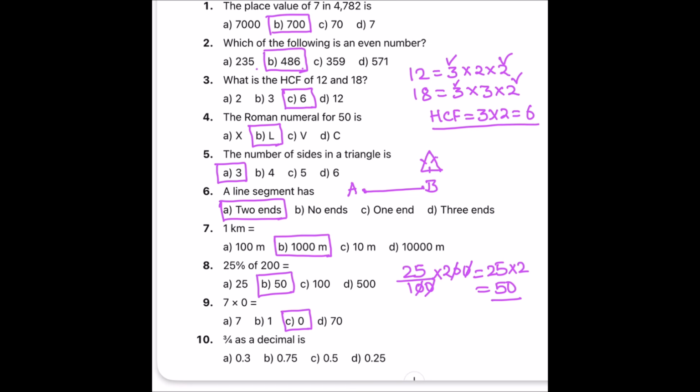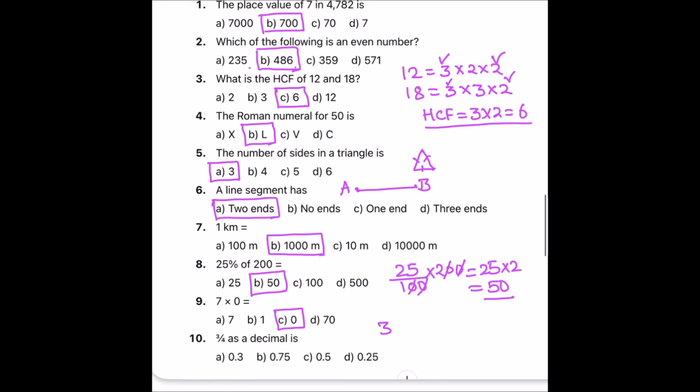Next one is, 3/4 as a decimal is. Let's draw the picture and find it out. 3/4 will be 3 squares filled in. So 3 squares filled in will be, this is 25%, 25%, 25%, which is 75%.